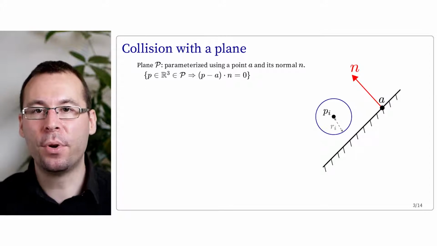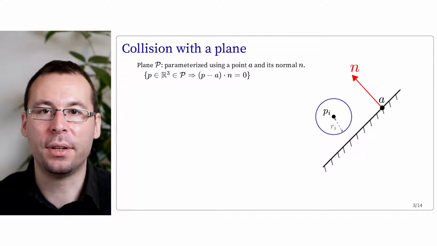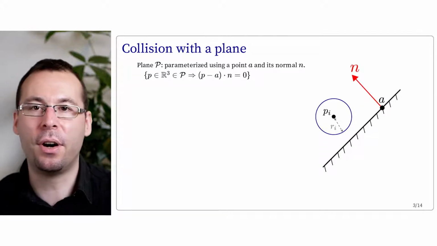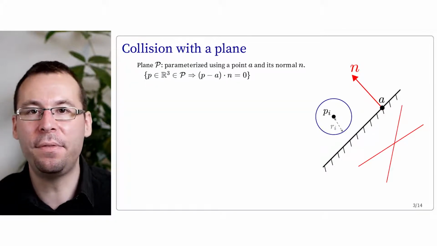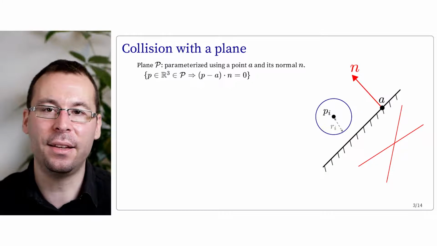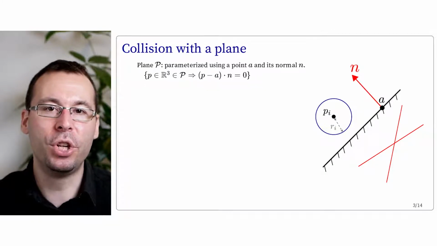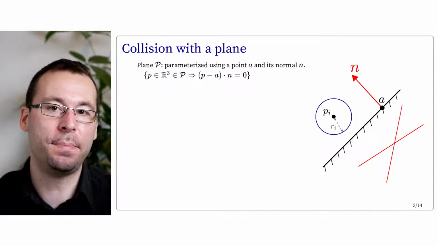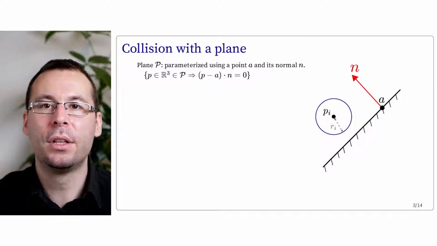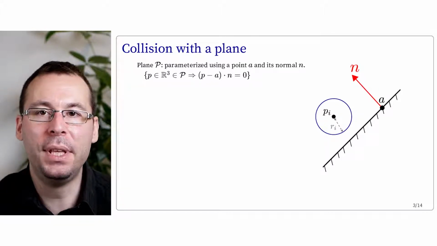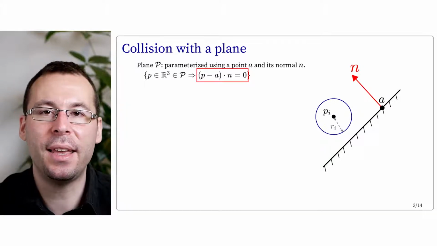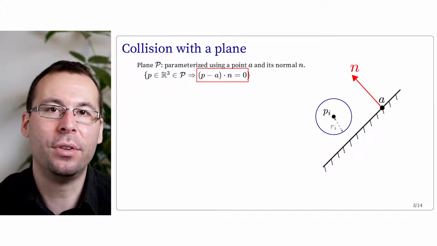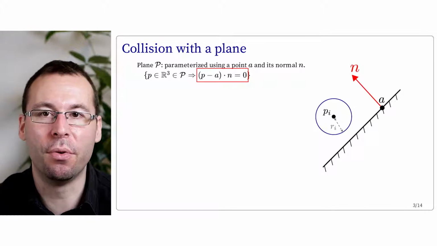We will also suppose that this plane is oriented, meaning that the positive direction of its normal is the allowed space, while the negative part is supposed to be inside some wall, and so we should not have spheres in this space. So we can characterize that a point P belongs to a plane if (P minus A) scalar the normal n is equal to 0.